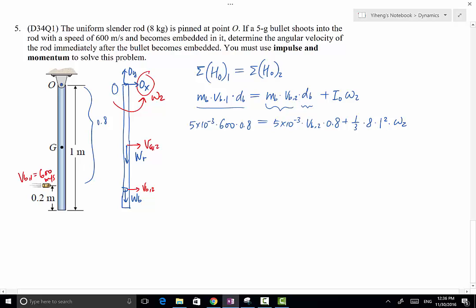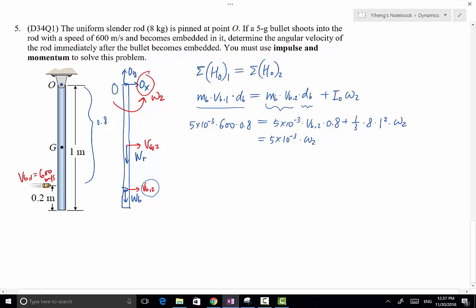However, because this is rotation about a fixed point O, from kinematics we can express V_B2, which is the linear velocity of this point on this rigid body, because they have become one system now. That simply equals omega r.